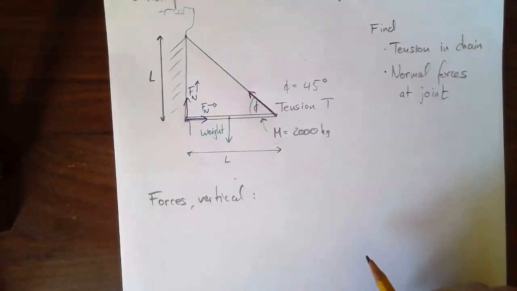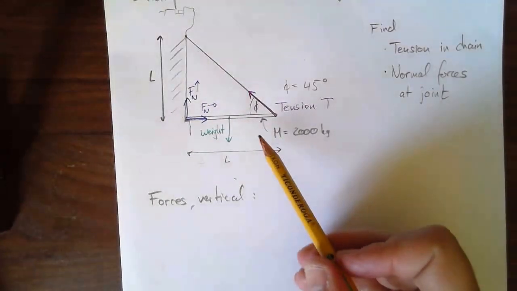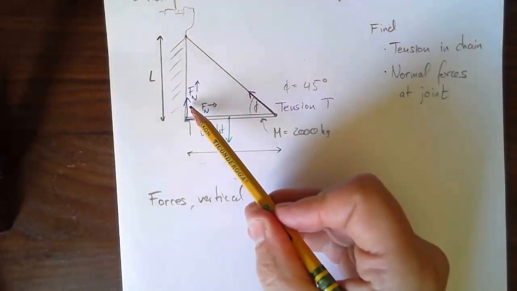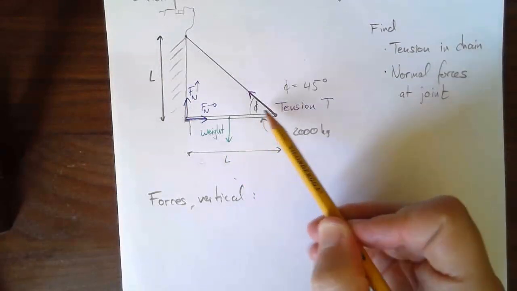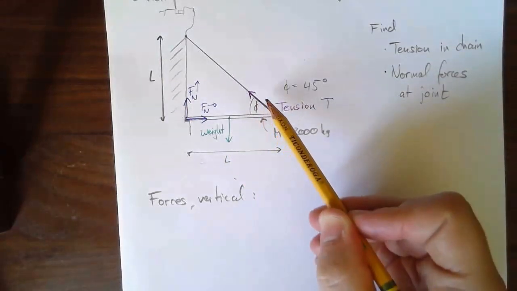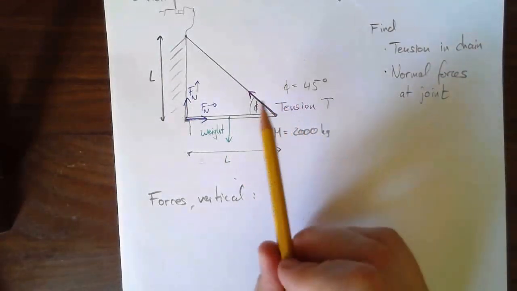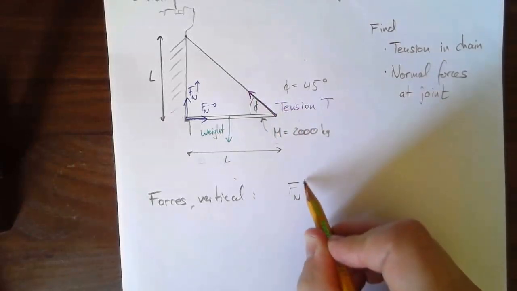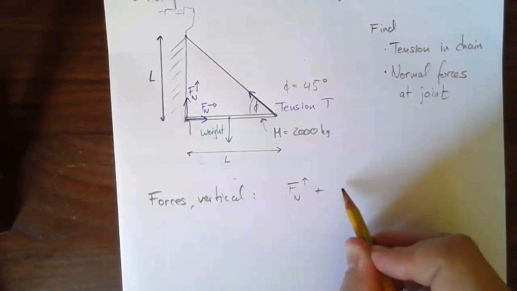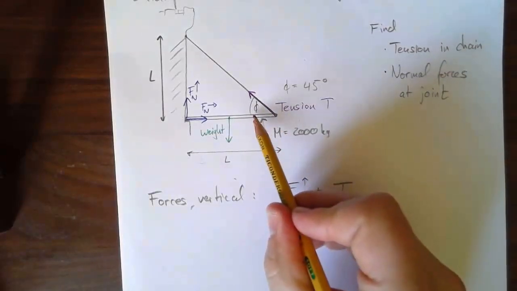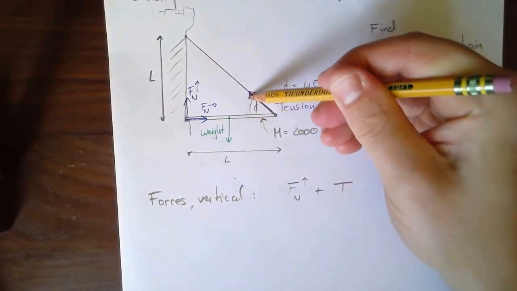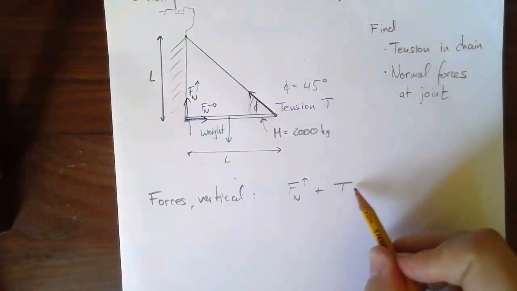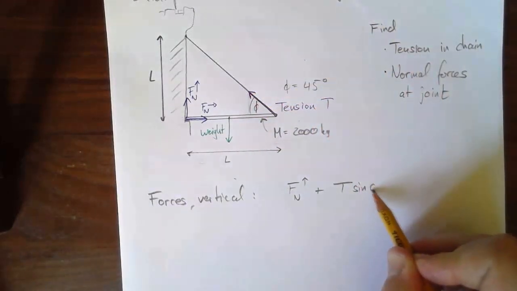Well, which forces are acting vertically? That normal force, the weight, and there's a component of the tension. So let's set up: up equals down. Fn up plus T sine or cosine. Well, I'm interested in this vertical component, that's going to be sine of phi.